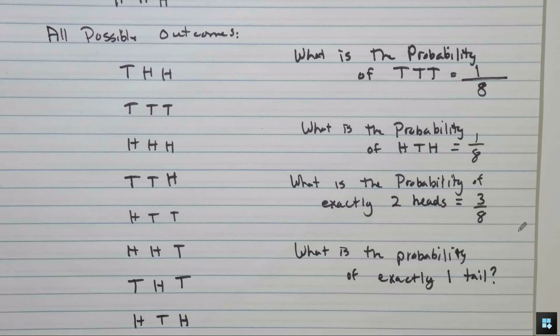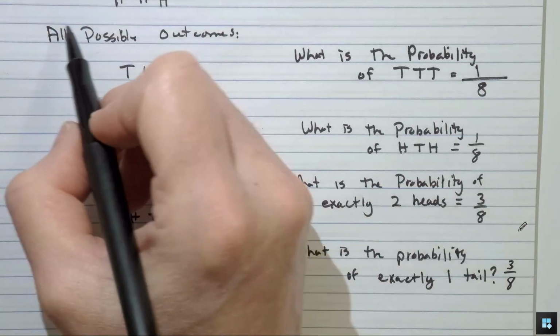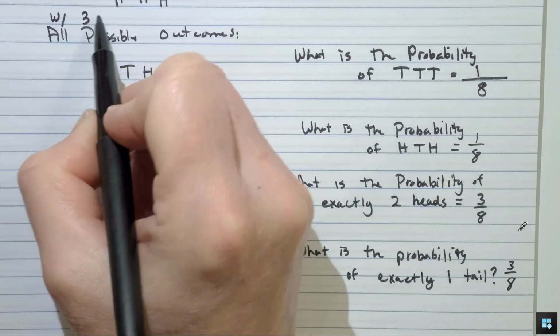Anybody want to tell what they wrote? It's the same problem, isn't it? The ones where you get 1 tail are the same ones where you have 2 heads. So that was 3/8 also. So this is all possible outcomes with 3 coin tosses.